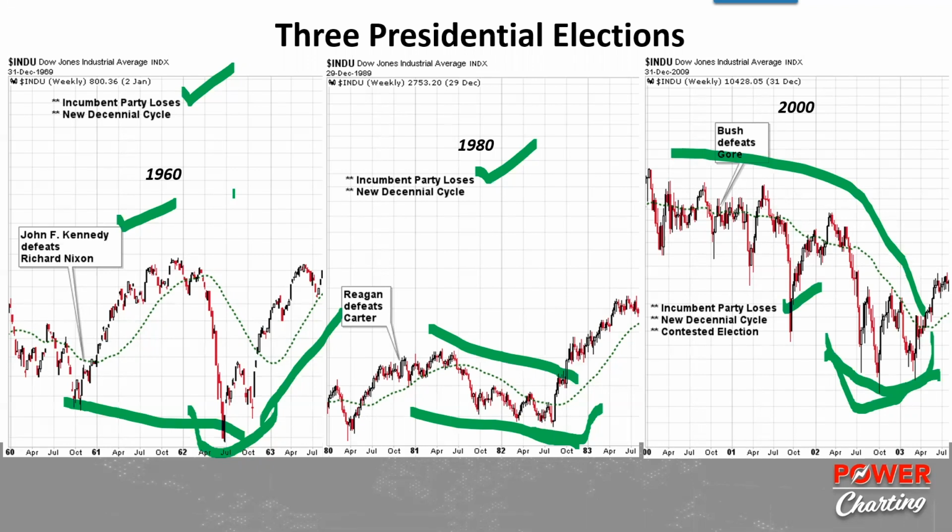And after trying to turn around a very lackluster economy in 61, and having no success, he decided that the thing to do was to lower taxes. So he lowered income taxes, corporate taxes, dividends, and capital gains. And as a result of that, kicked off a very important bull market in the 1960s, which we'll look at in a minute.